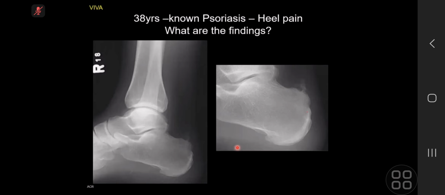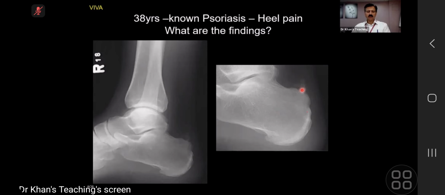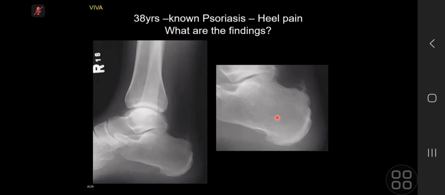So I can see there are erosions involving the upper part of the calcaneum. I want to look for the soft tissue swelling. So yeah, I can see no spur formation. What is this? That's the Achilles tendon attachment and erosion.